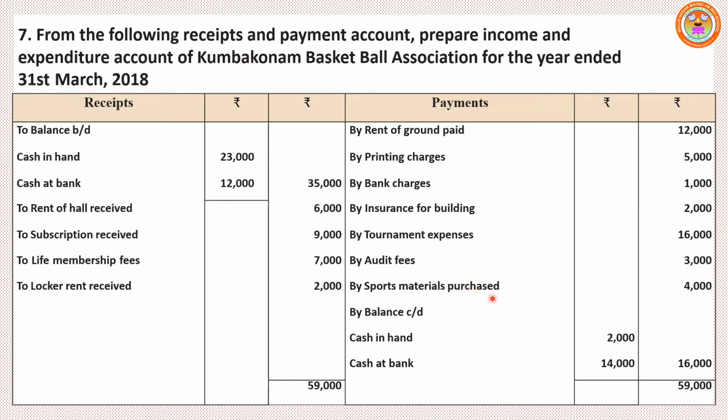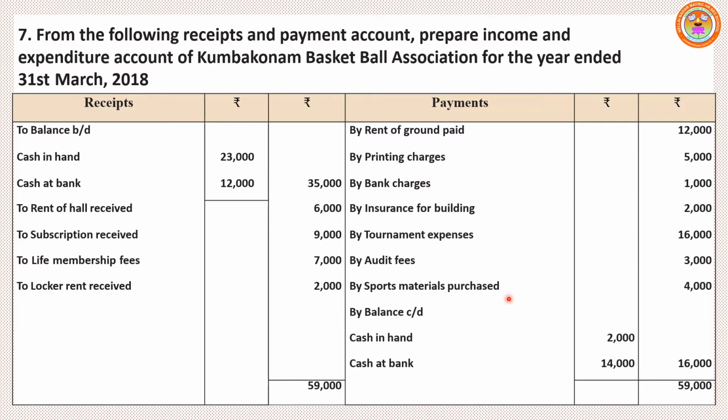Sports material purchased. Look at the difference between sports equipment and sports material. Sports material is purchased often: ball, bat and dart are things they buy often, so it is recurring in nature.